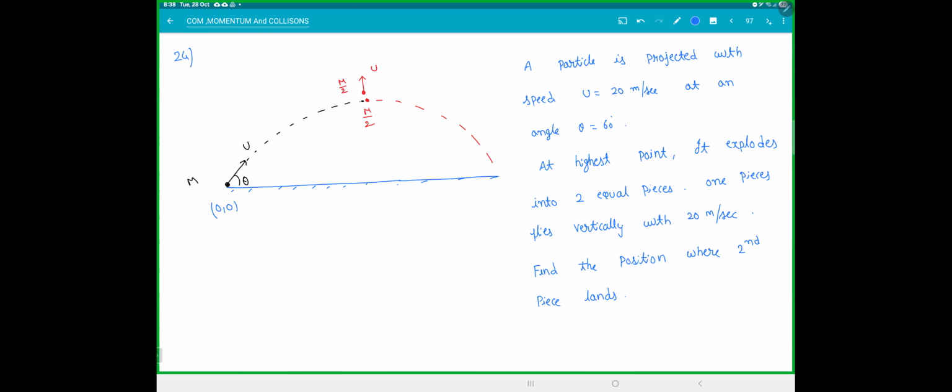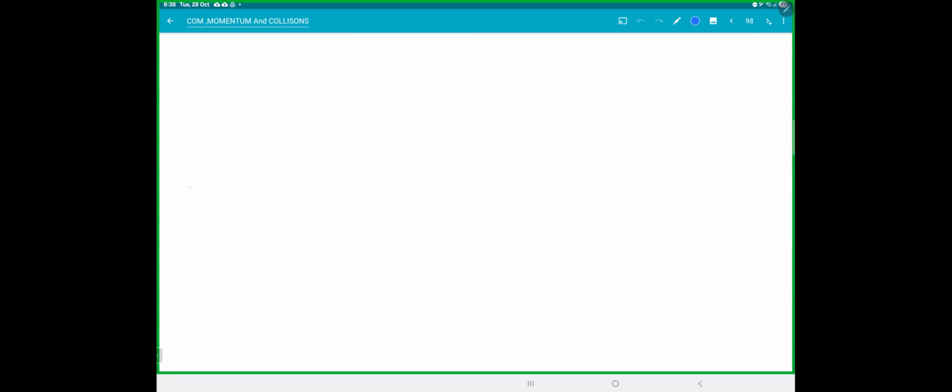So listen. This particle is flying at the highest point, m. So you have a velocity u cos theta. U is 20, cos 60, so 10 meters per second. Now, at the highest point, just before collision and just after collision, technically speaking, there is gravity here.